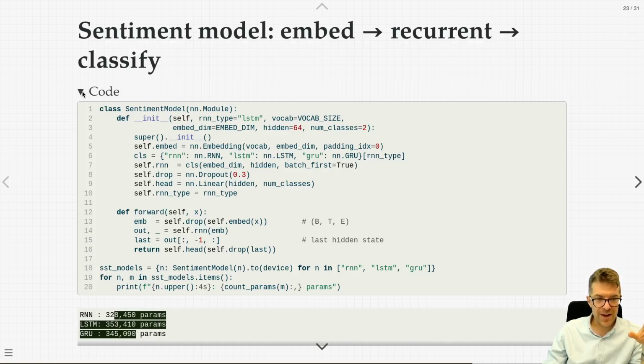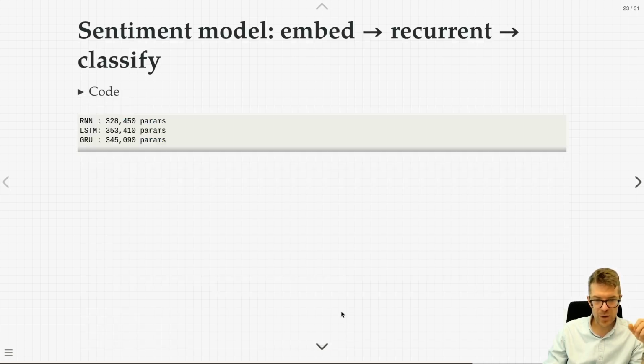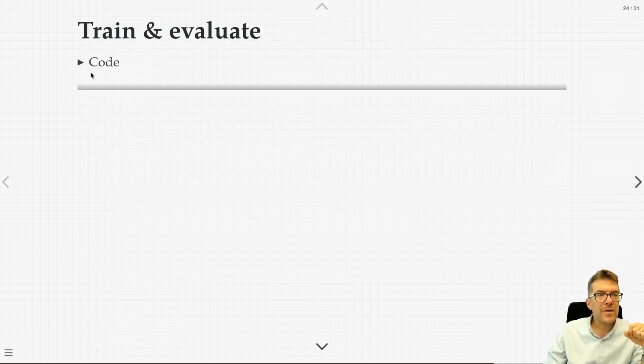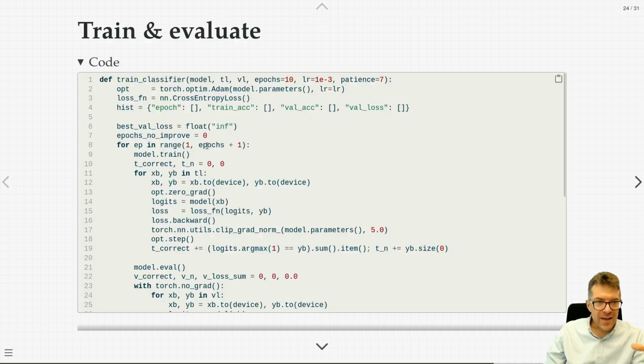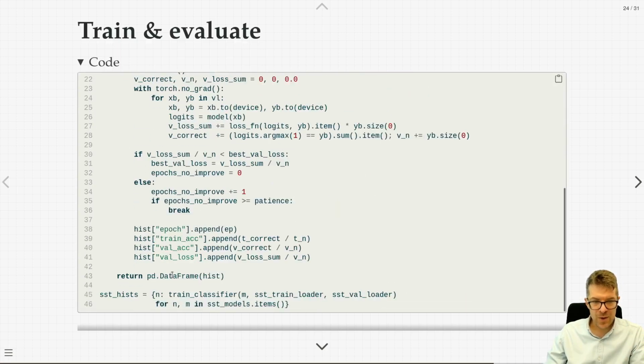Just FYI, everything's going to be more or less equivalent in terms of the parameter counts here. Again, the same basic process as always in terms of our optimization, our loss functions, our batching, and so on. We train our system and we maintain a history of it.